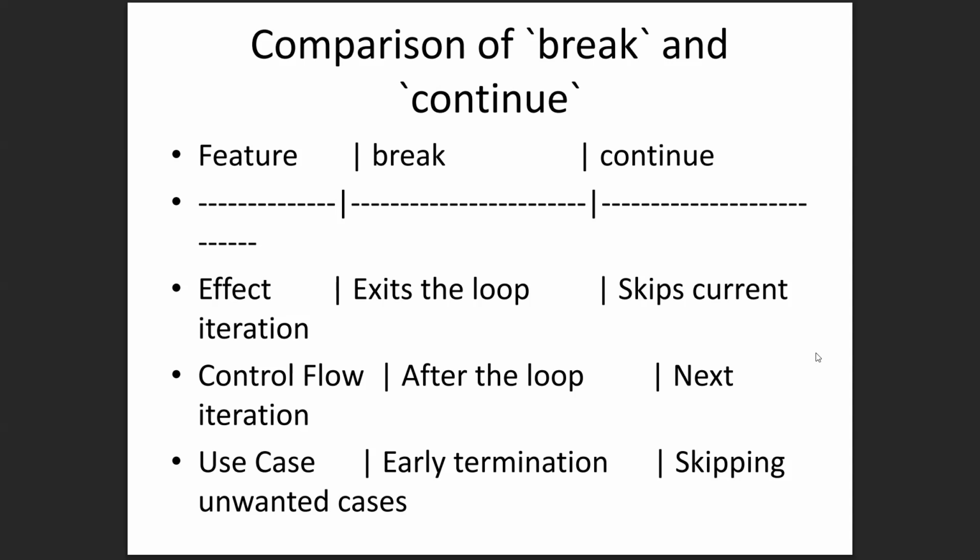So early termination means that before completion of the iteration, it is terminating. It is not going through the entire code. It is only printing up to the point the condition is met. After that, it will be terminated. It means it is eliminating unwanted cases, unwanted paths.